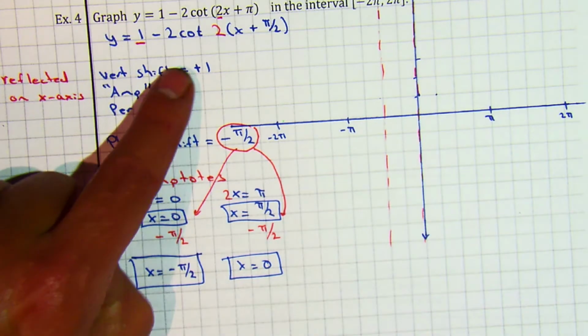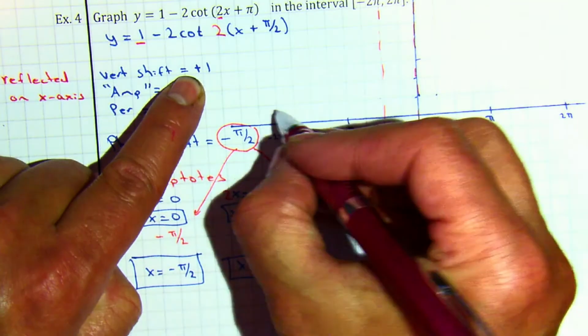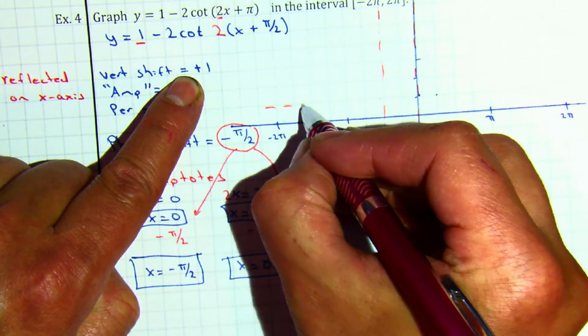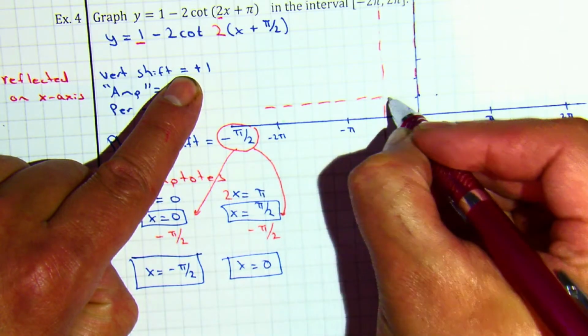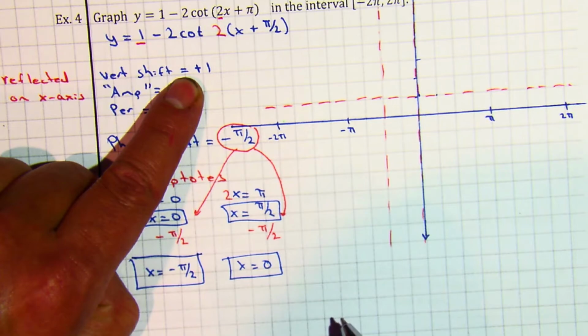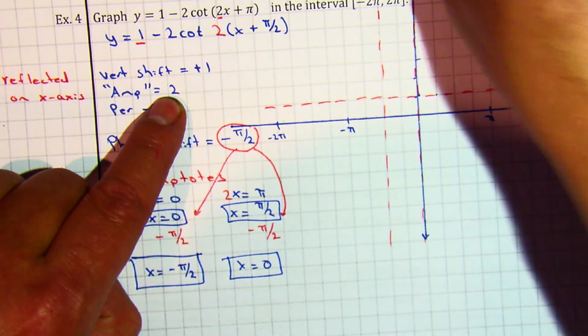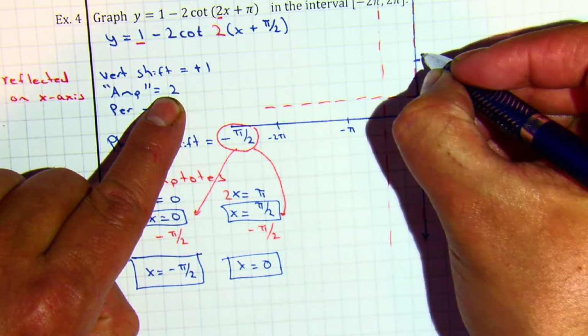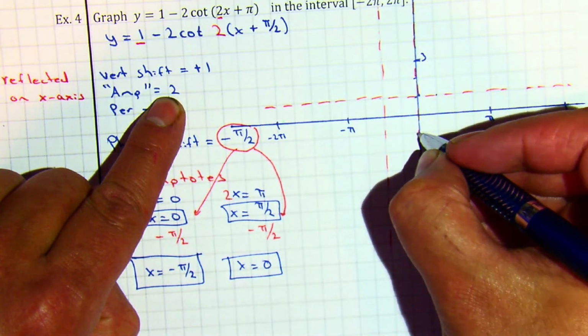Let's see. Vertical shift. I need to shift it up one, so therefore I need to make my new x-axis, or my new midline, at 1. My amplitude is 2, so I'm going to go all the way up to 3 and all the way down to negative 1.